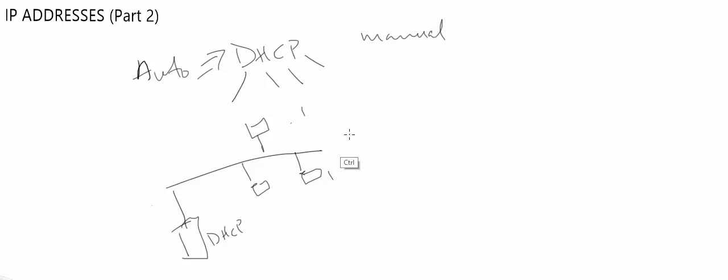It's going to cause confusion and connectivity issues, errors. So yes, you can do it. If your network has about 5, 10 clients, yes, you can manually assign IP addresses to them.